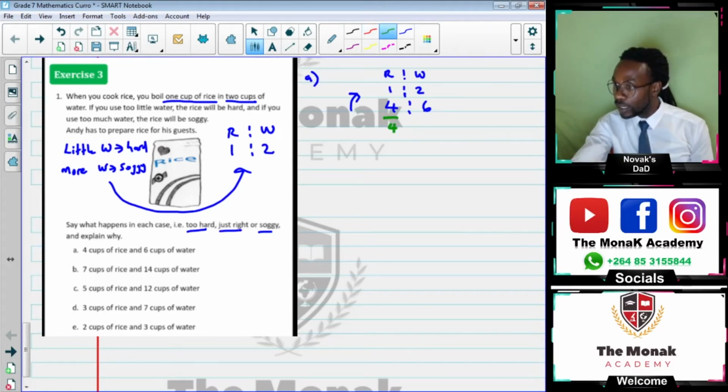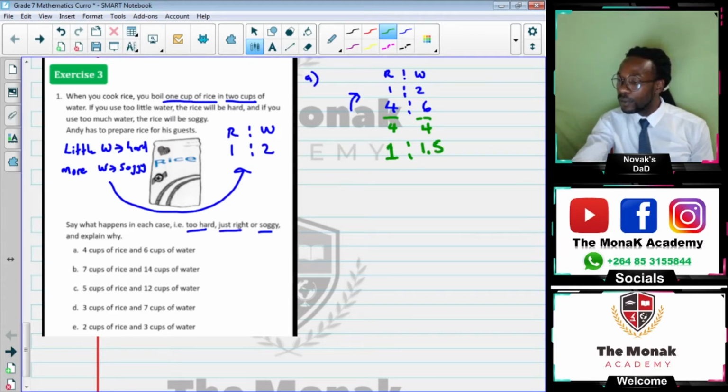To get 1 on this left side, we have to divide by 4 on both parts. So 4 into 4 is 1, and 6 divided by 4, you get 1.5.